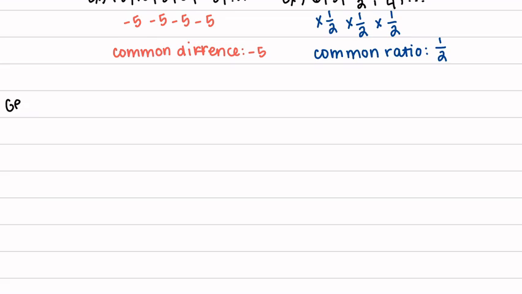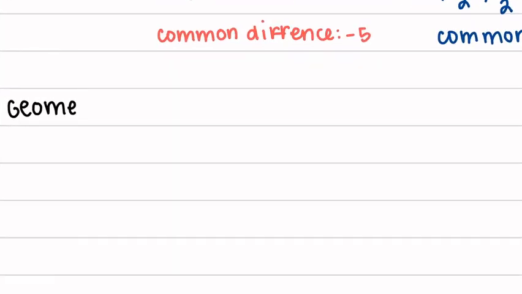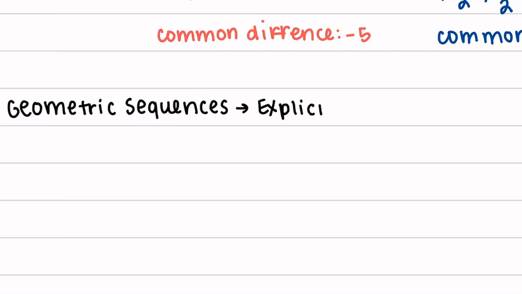So we're focusing on geometric sequences, and this part of our notes will be how do we write geometric sequences using the explicit rule. Use a different color: geometric sequence, explicit rule.